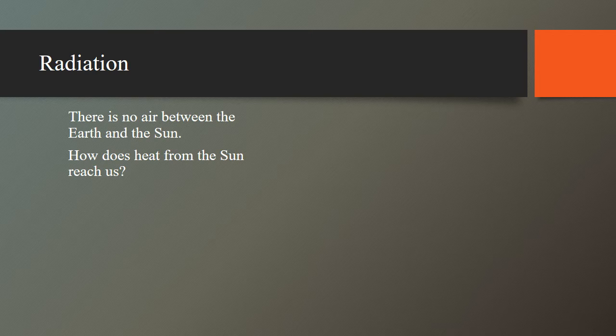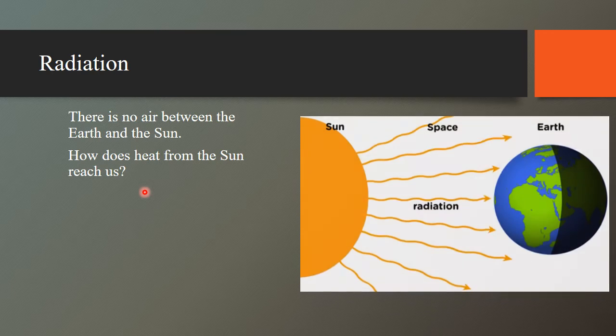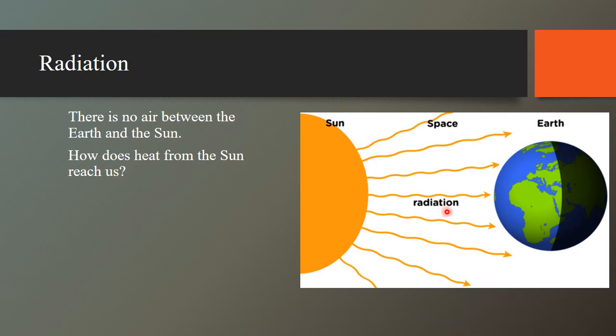We have just studied that conduction happens through solids and convection takes place between liquids and gases. But there is no such case when we talk about the heat that reaches from the sun to the earth. So how does the heat from the sun reach us? The answer is radiation.